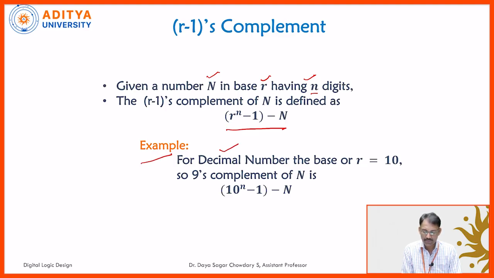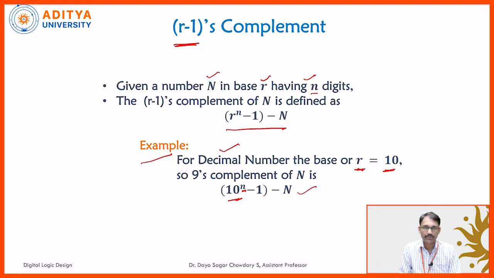If it is decimal, decimal contains the digits 0 to 9, so r is 10. Next, we have to calculate 10 to the power of small n minus 1 minus capital N. So this is the formula for representing the r minus 1's complement.